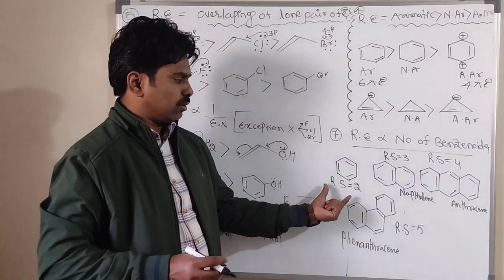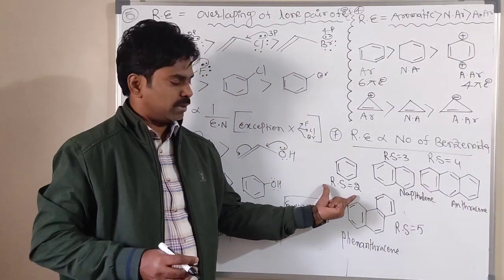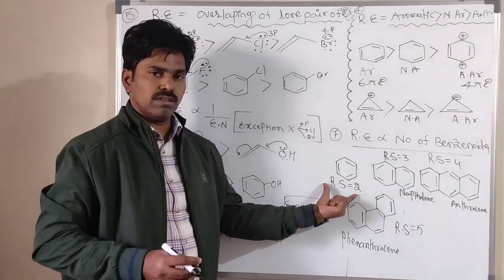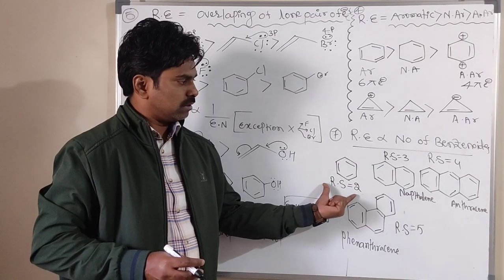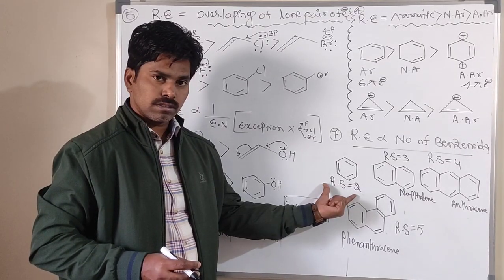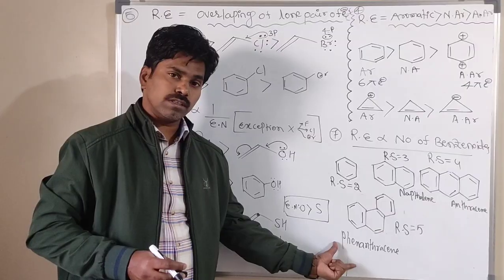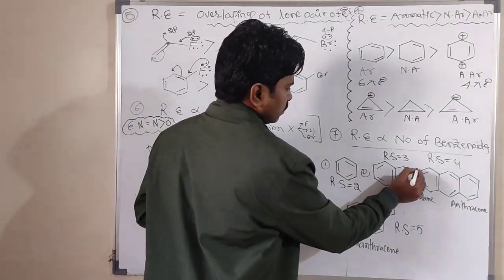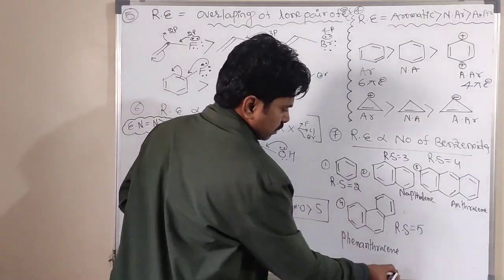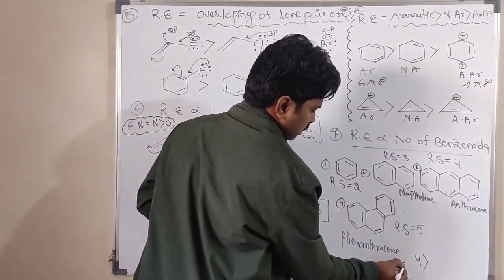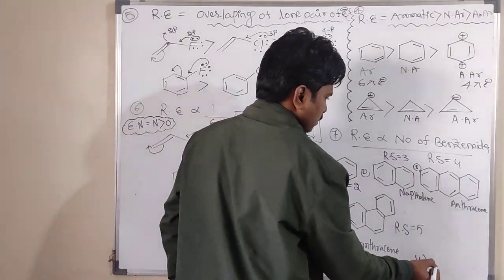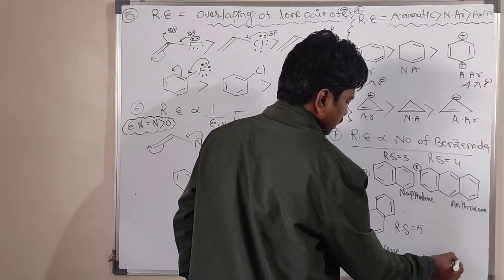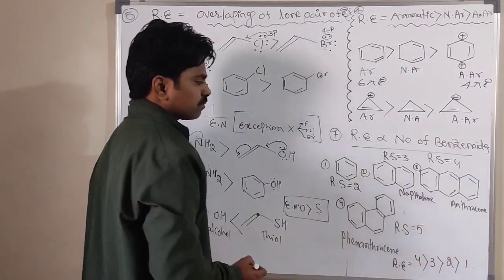You remember this? So keep it in mind. For resonance energy, phenanthracene will give the excess. Very good. So the excess of resonance energy is given by phenanthracene, then anthracene, then naphthalene, then benzene.